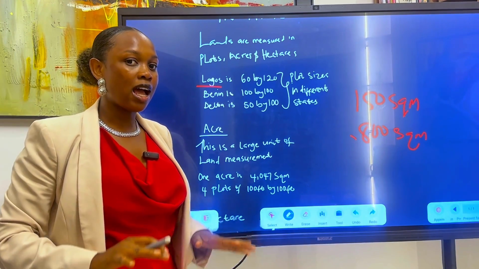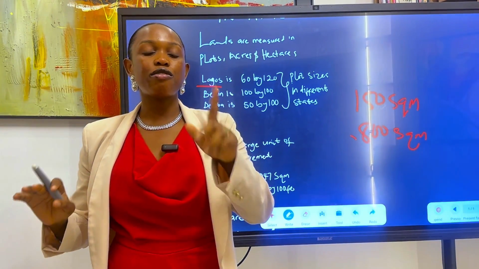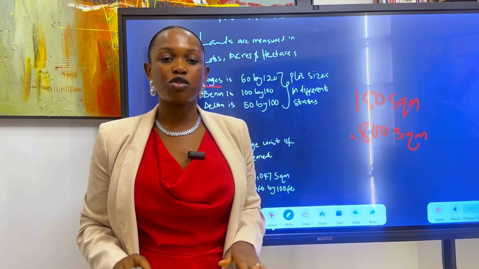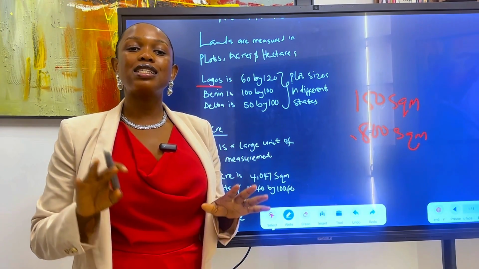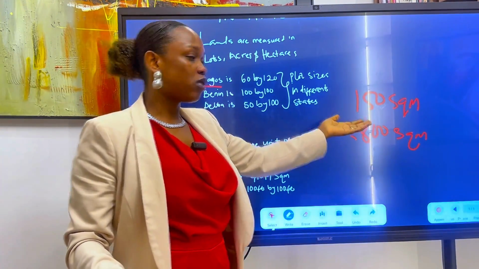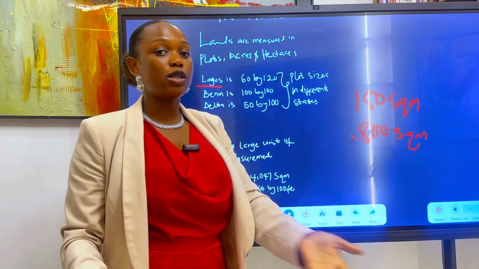I'm explaining how Abuja real estate works, because Abuja real estate is different from every other state. Here is the Federal Capital Territory, and Abuja is a planned city. You cannot just build anything you want. 150 square meters is the lowest that I've seen in Abuja that they sell as a plot of land.